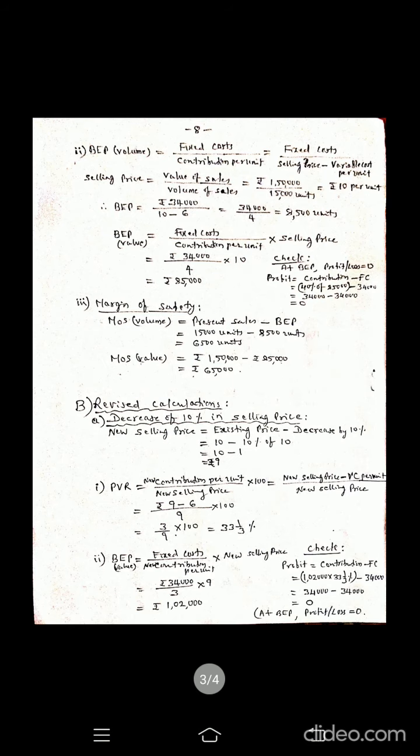Now, the calculation of BEP. BEP in terms of volume, BEP in terms of value, both can be computed one by one. BEP in terms of volume is fixed costs divided by contribution per unit. Now, contribution per unit will be the difference between selling price and variable cost per unit.